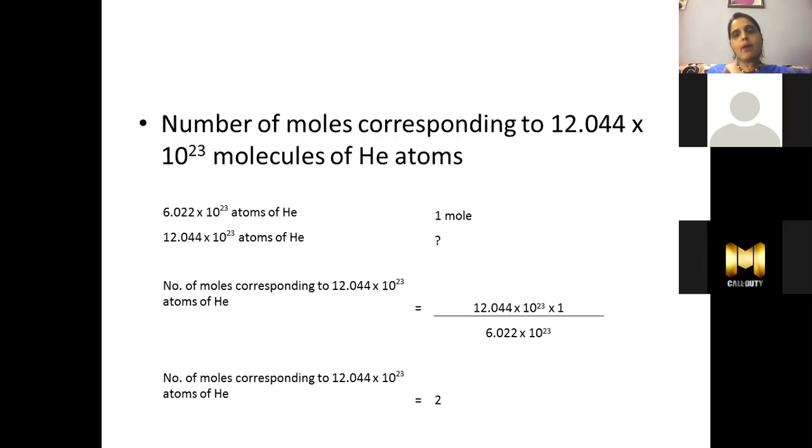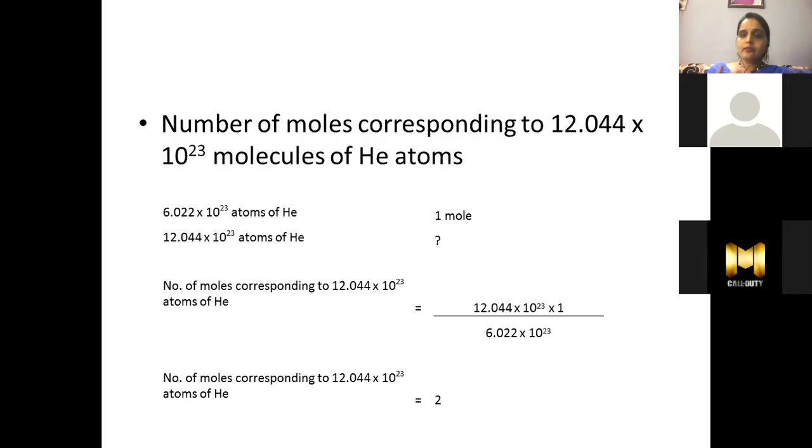In the second part, we were provided with the number of particles from which we calculated the number of moles. Now, in the previous discussion of our dozen, we had 3 quantities: dozen, the number of balls, and the third one was weight. So till this point we haven't discussed the weight.